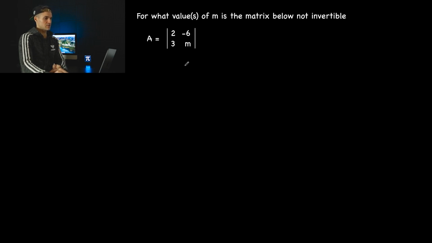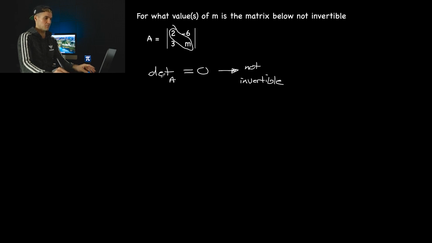So the short way to do it is we know that if the determinant for a certain matrix, in this case matrix A, is equal to 0, then we know that the matrix is not going to be invertible, right? If the determinant is going to be 0. And how do we find the determinant of a 2 by 2 matrix? Well, we just take 2 times m, which would be 2m, and then we subtract 3 times -6.